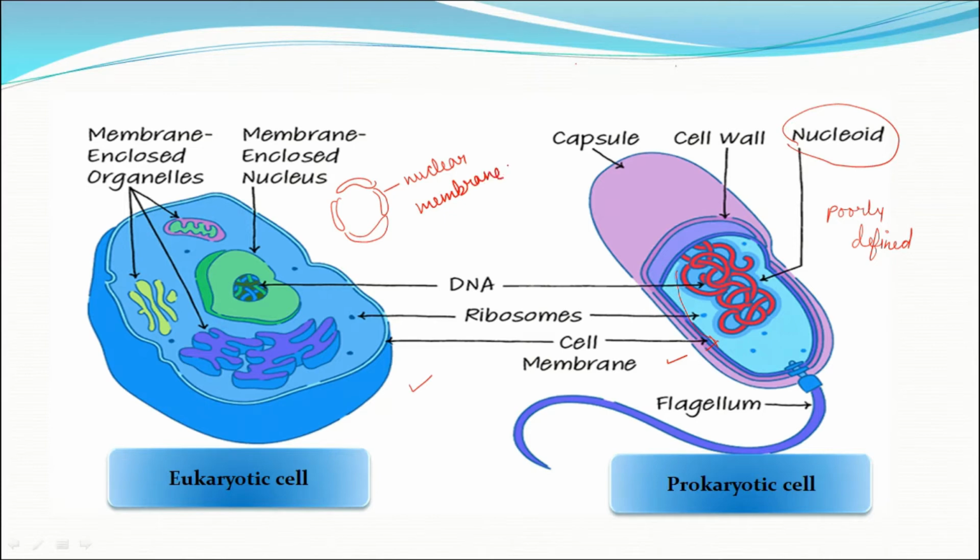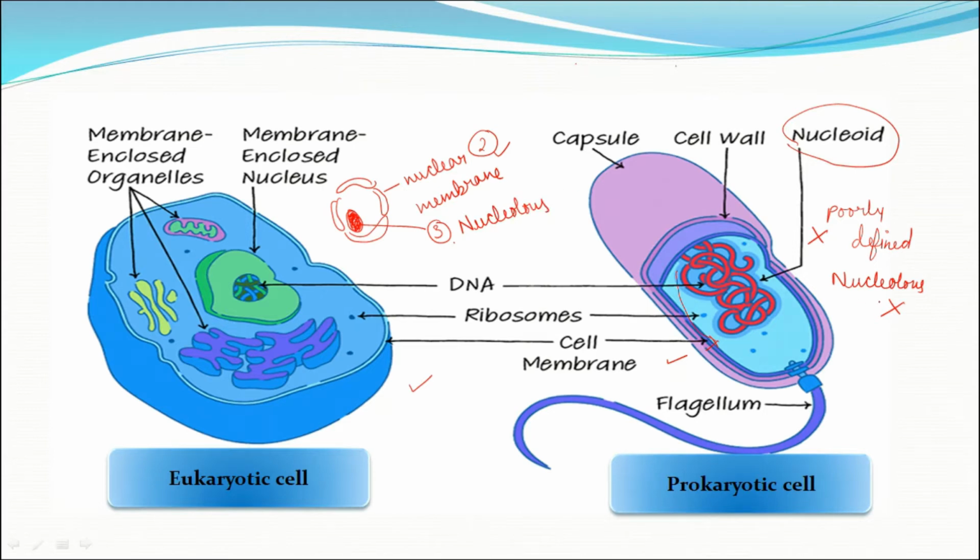In prokaryotic cell, nuclear membrane is absent, and in case of eukaryotic cell, nuclear membrane is present. In addition to the nuclear membrane, the nucleolus is also present inside the nucleus. So this is the third difference, that in case of eukaryotic cell, nucleolus is present, while in case of prokaryotic cell, nucleolus is absent.